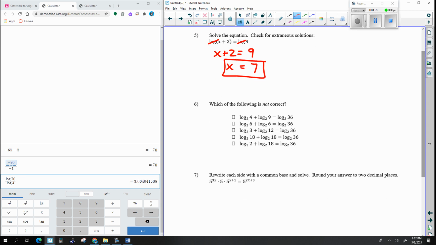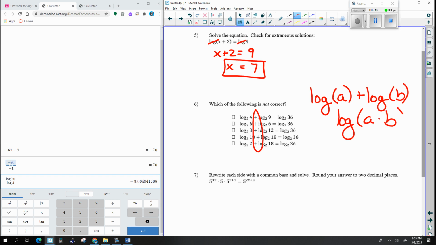Okay, so I noticed that these are all additions, so if I have log A plus log B, that's a singular log of A times B. So as a singular log, this inside would be 36.